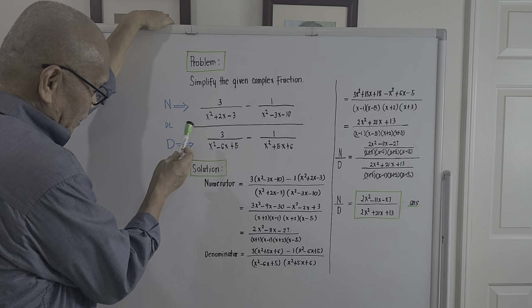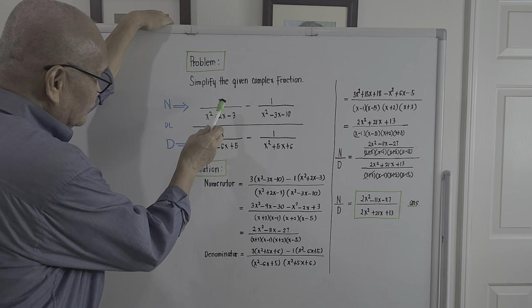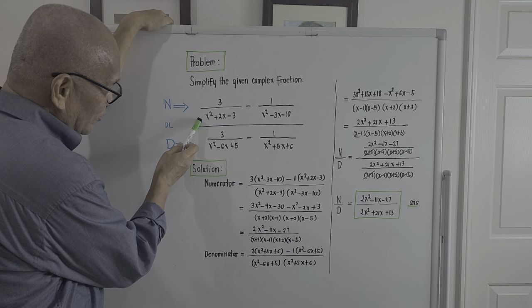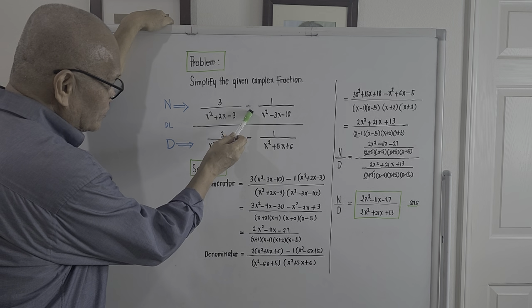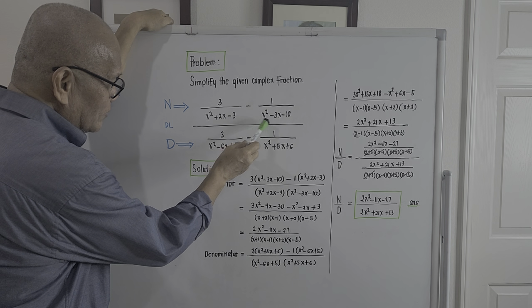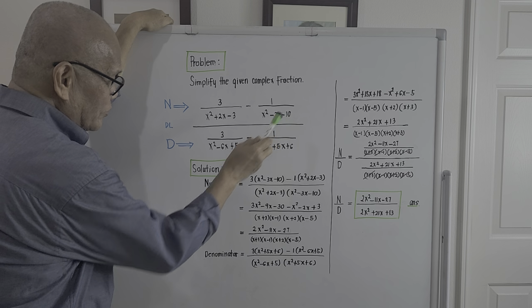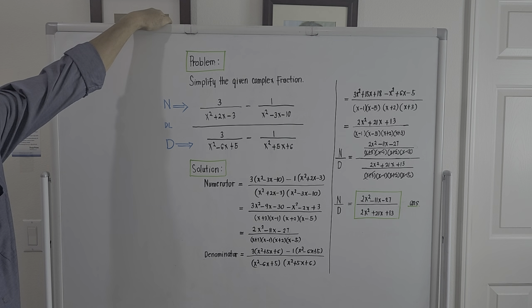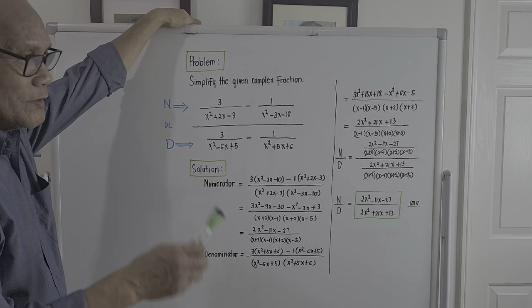The given numerator is the ratio 3 all over x squared plus 2x minus 3, minus 1 over x squared minus 3x minus 10. That's the complete numerator of the given complex fraction.